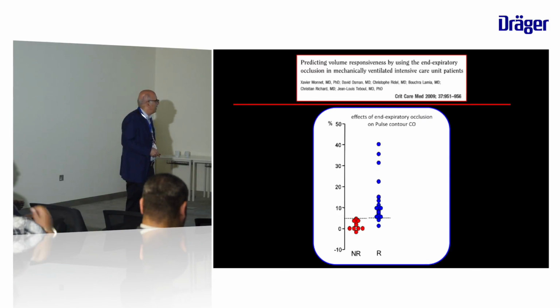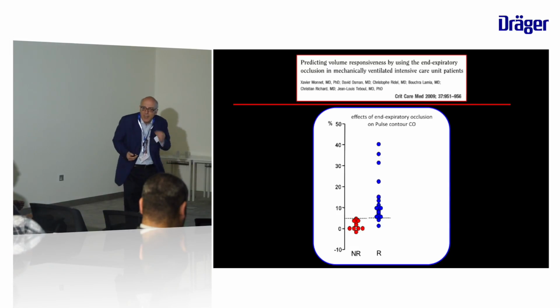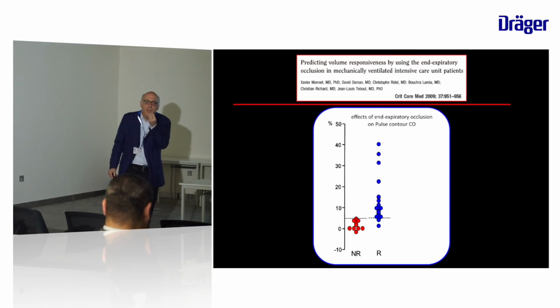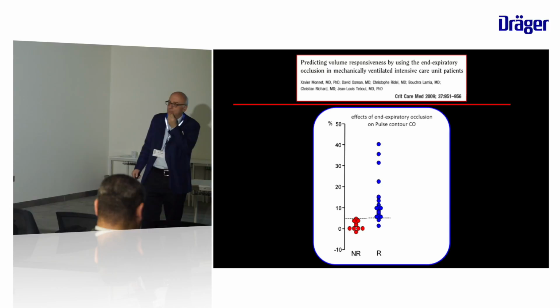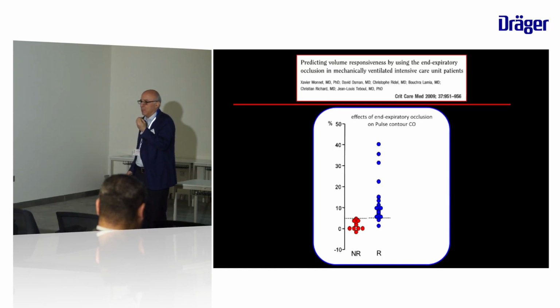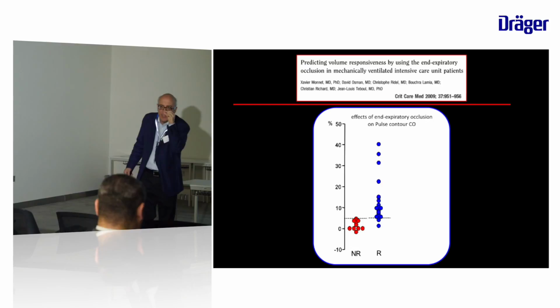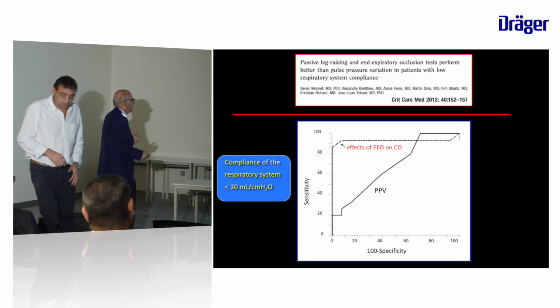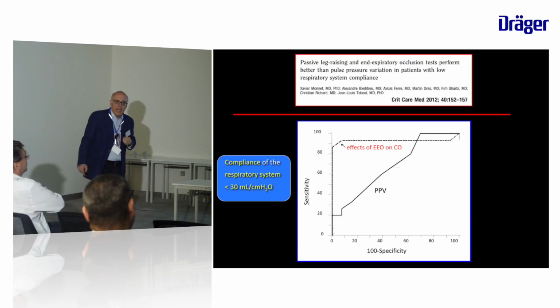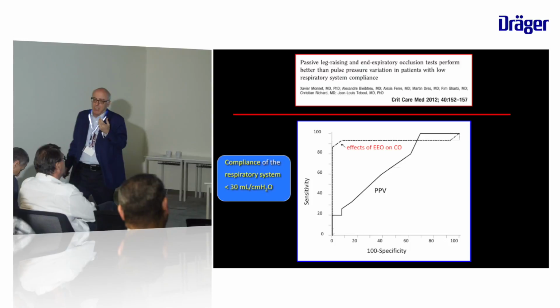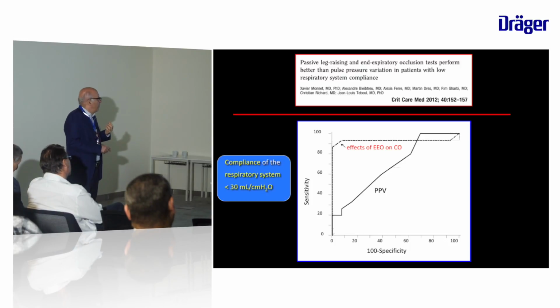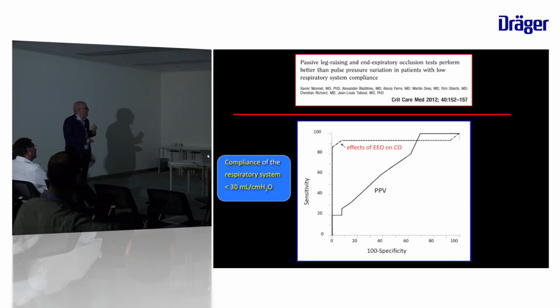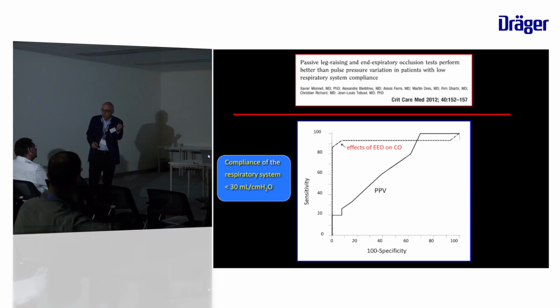The problem here is that the threshold you see is 5%. So it's very, very small. That means you need a very accurate measurement of stroke volume. Do you agree? Because 5% is very small, so it's not easy. And this was found in patients with low compliance and during ventilation with relatively low tidal volume, a possible substitution, but the patient must not breathe spontaneously.